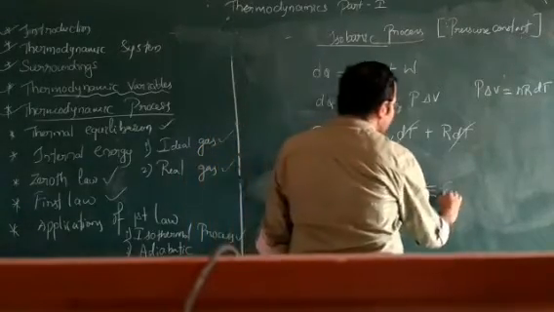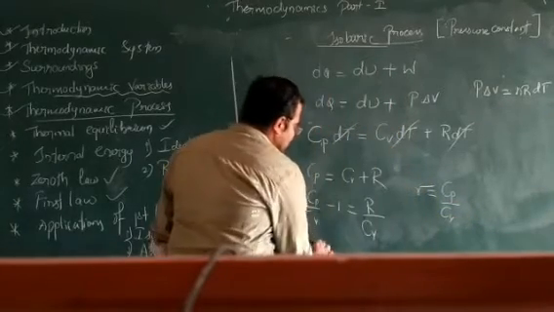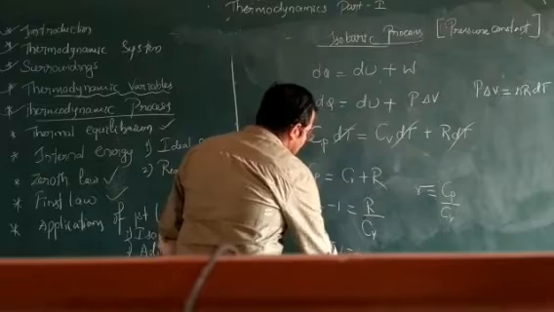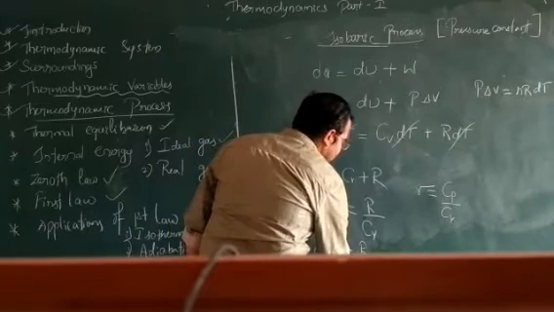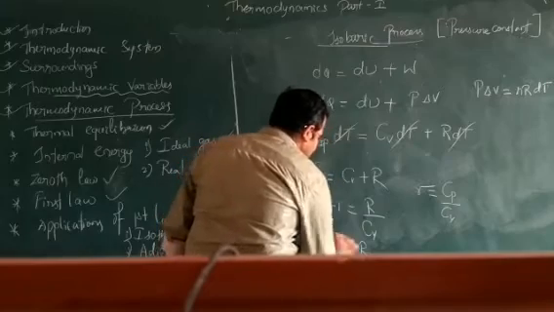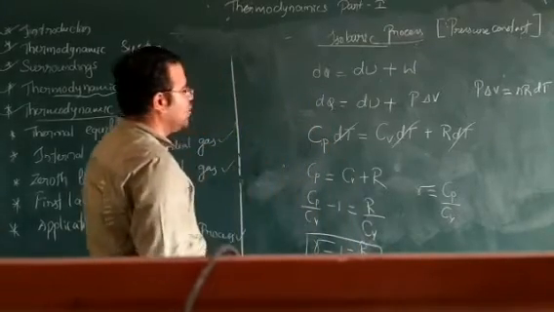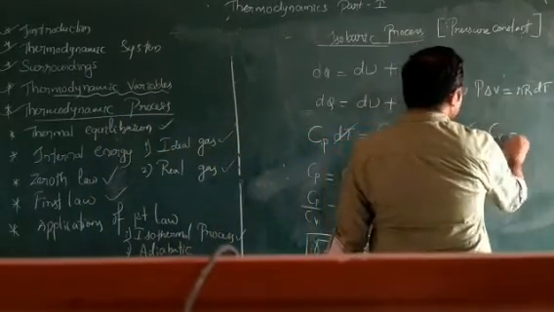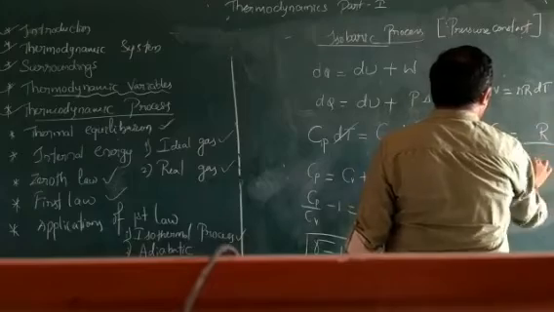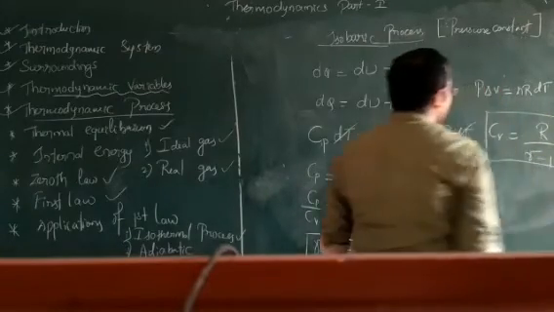So gamma is equal to Cp divided by Cv. Now gamma minus 1 equals R divided by Cv. This equation can also be written as Cv is equal to R divided by gamma minus 1.